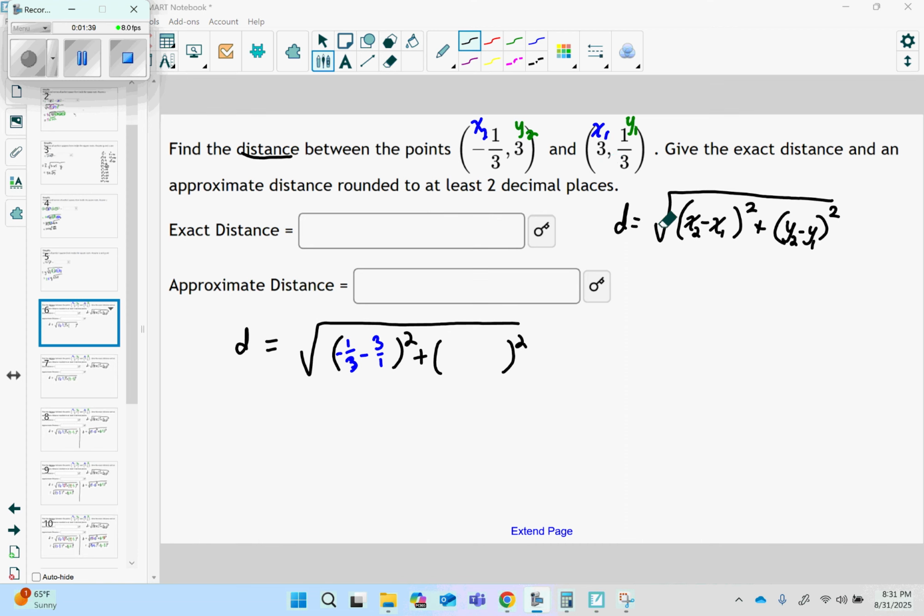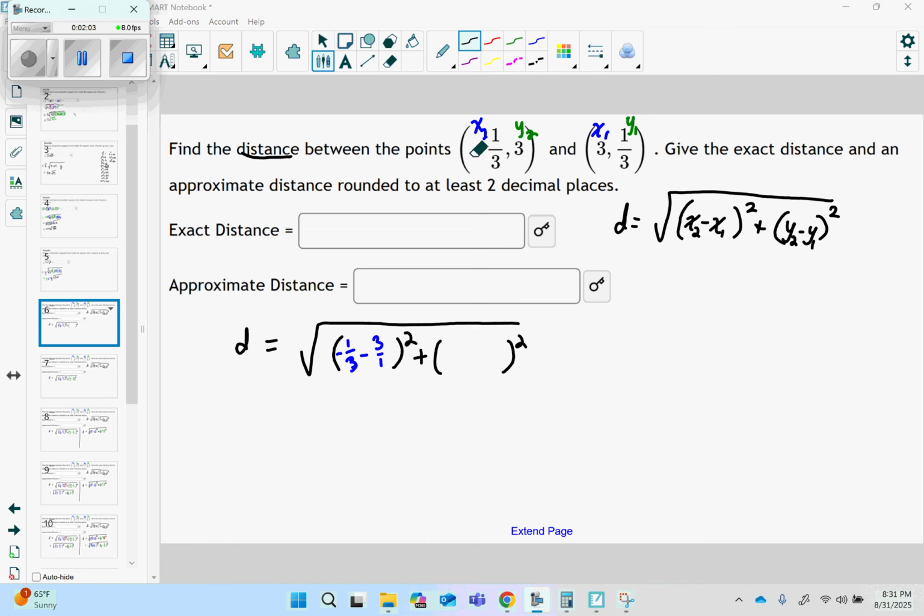So I think most students memorize the formula like this, then they'll go in and they'll label from left to right the first set of coordinates as x1 and y1, and the second from left to right x2 and y2. But I just wrote mine the other way around because visually I like to go with that first point.